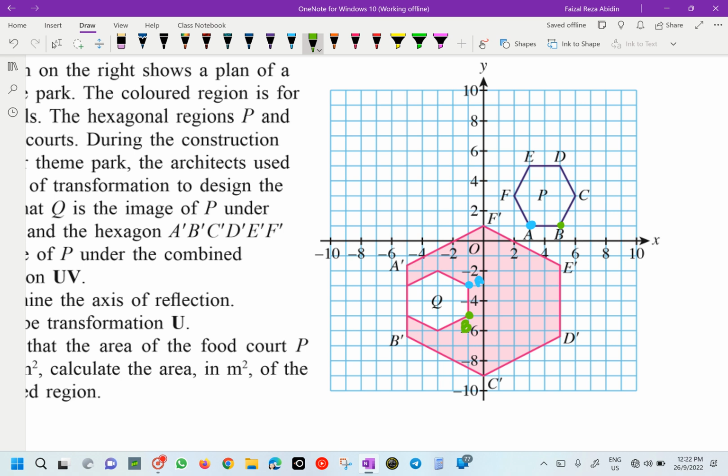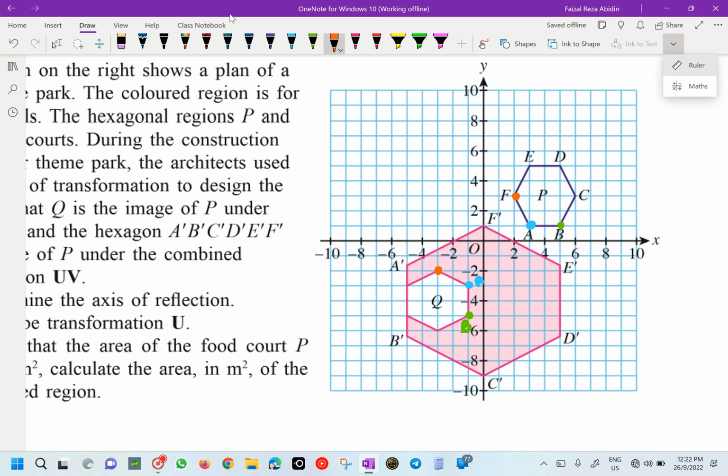Agree? Reflection means that F over here, you are going to get this one. So how do we determine our axis of reflection? First I'm going to draw a line, count how many units, and then divide by 2.